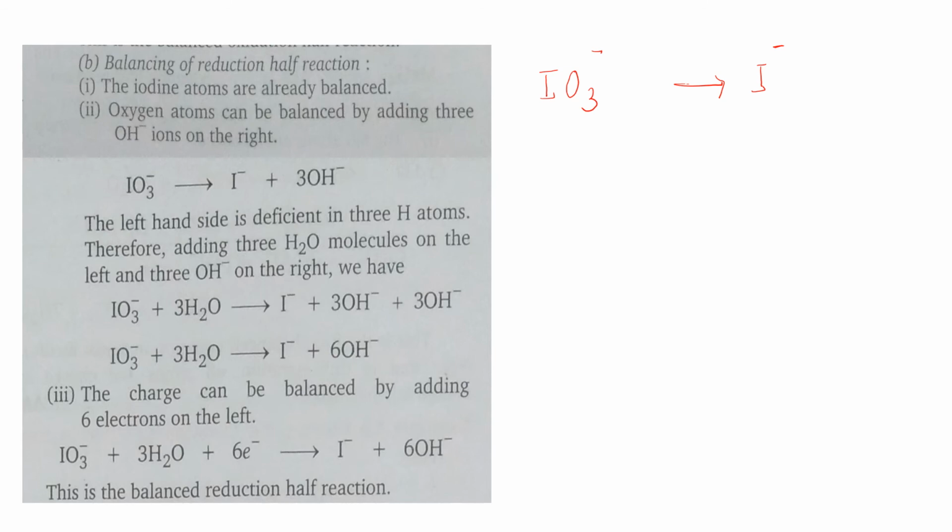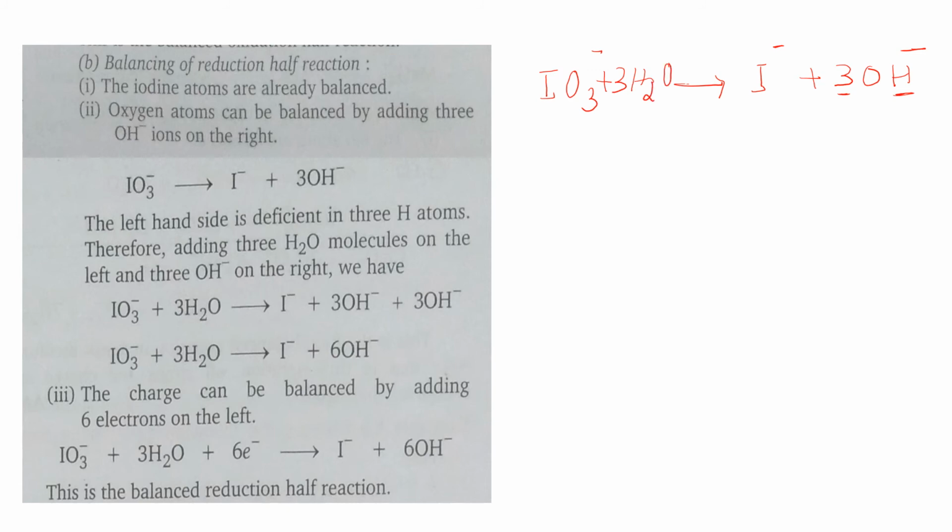So I have to add 3 OH- in the right hand side, because in the right hand side there is no oxygen. Now as I have added 3 OH- in the right hand side, 3 hydrogen is coming in the right hand side. So to equalize that, I have to add 3 H2O in the left hand side.